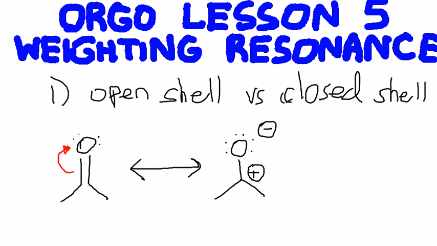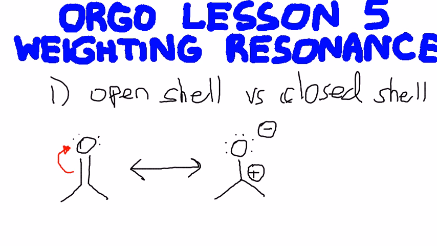Now, just because we have a resonance form that is not closed shell, it doesn't mean it's not a valid resonance structure. In fact, this resonance structure is important when it comes to acetone's reactivity. However, having an open shell in your resonance form makes it significantly less stable than an all closed shell resonance form.